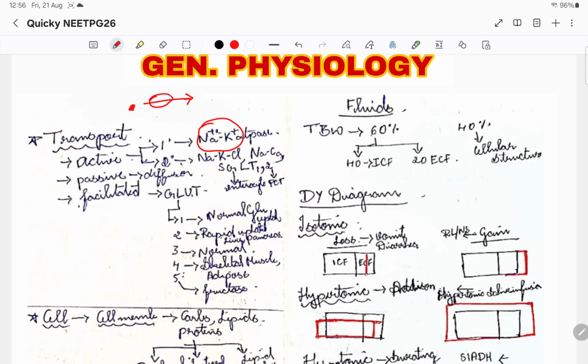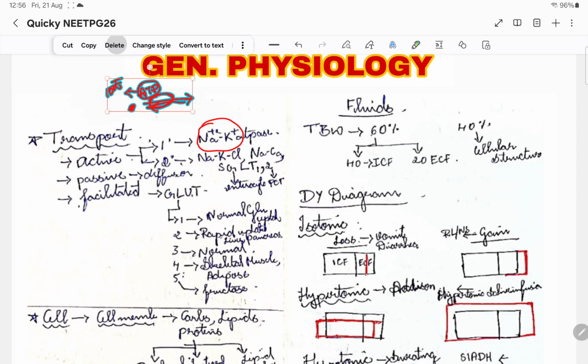This transport itself utilizes ATP, meaning ATP is nothing but a currency. Say the currency is 10 rupees. It utilizes 10 rupees and then transports this particular material inside or probably outside. It doesn't matter, basically the action it is doing is transport of that particular material.